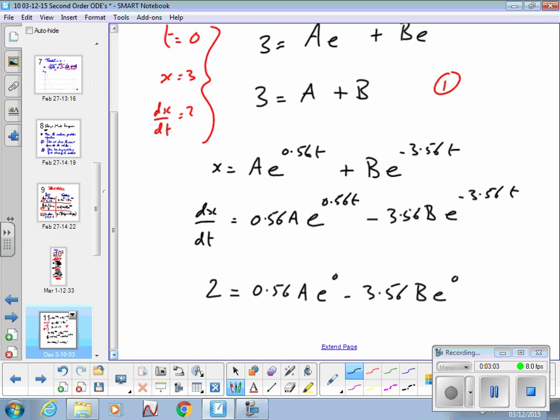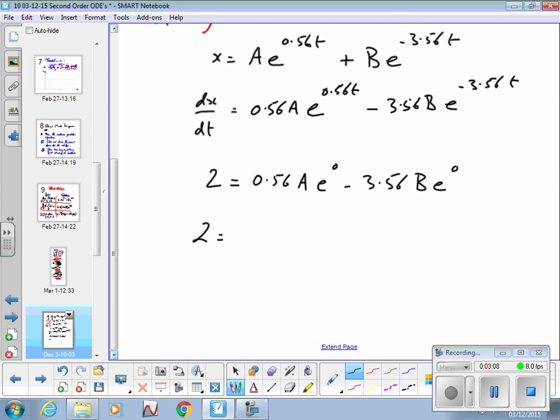Anything to the power 0 is 1, so 2 equals 0.56a minus 3.56b. And that's our second equation. So we've got two equations and two unknowns.